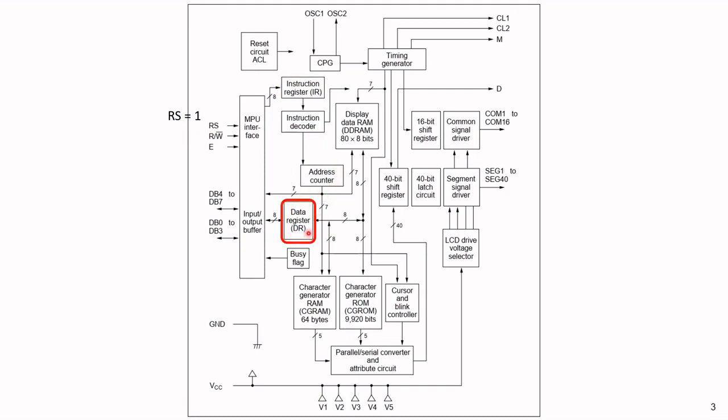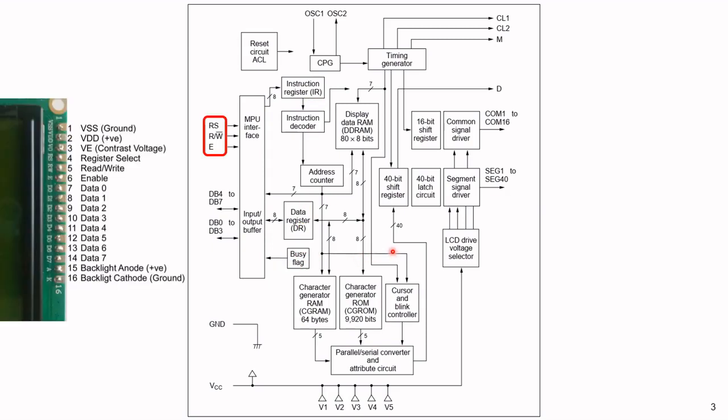To select the data register, DR, you need to set RS to a logic 1. All right. And then I want you to take note of this flag called the busy flag, or BF. So these 3 registers, IR, DR, and BF. And then the rest of the pins, RS, the read-write signal, and enable signal, E, here. All right. Block diagram, and then the data bits, they're all here.